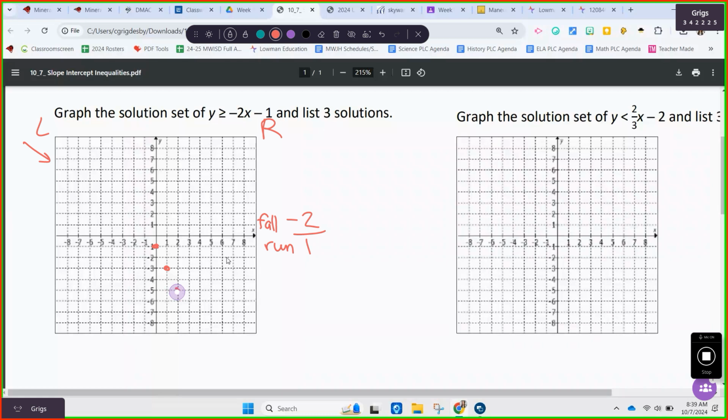I fall 2, run 1, fall 2, run 1. You with me? So now if I go up 2 over 1, do the dots have a negative direction? Yeah. Then I'm good. Okay, always check that.